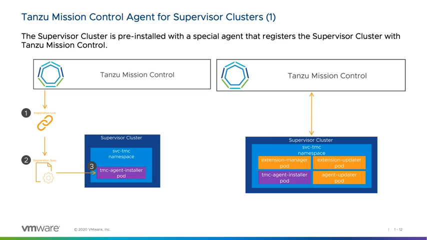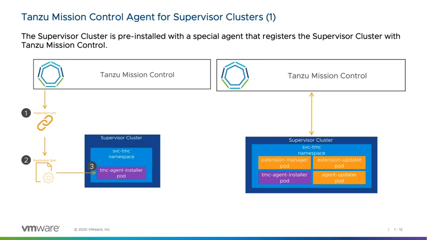The registration link is added to a registration manifest specification file. The registration manifest specification file is applied to the svc-tmc namespace on the supervisor cluster.